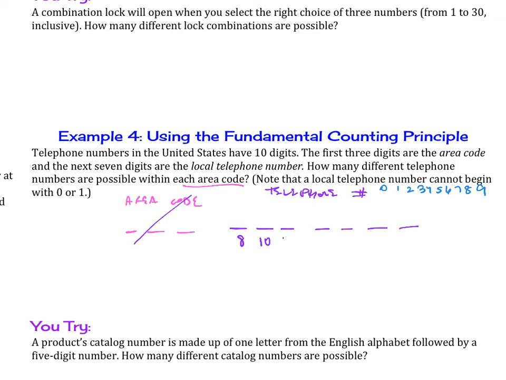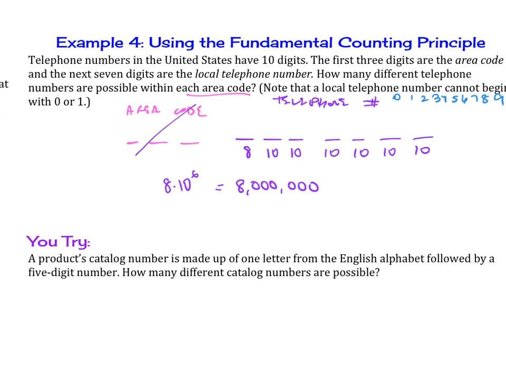So we have 10 choices, and 10, 10, 10, and 10 for every single choice. So we're looking at 8 times 10 to the 6th power. When you multiply this out, you have 8 million different telephone numbers within each area code.